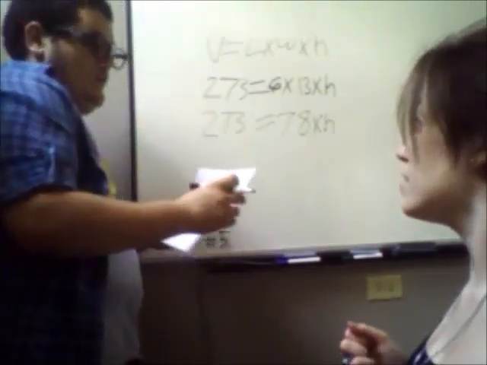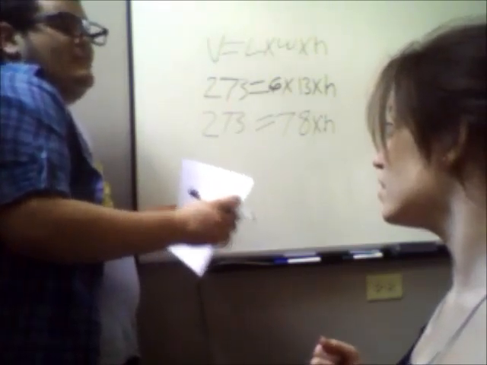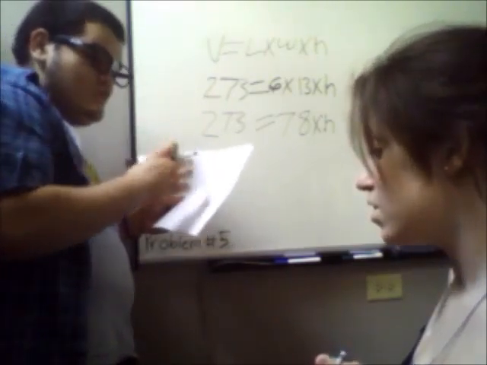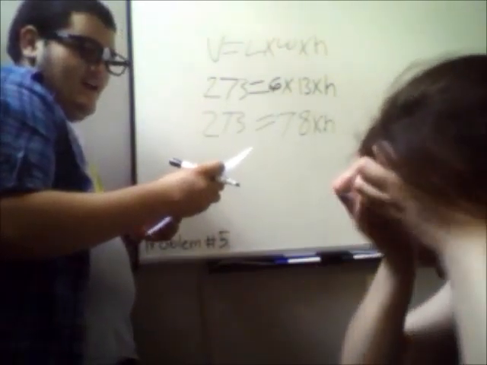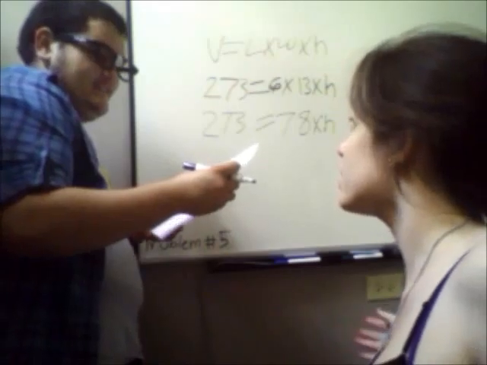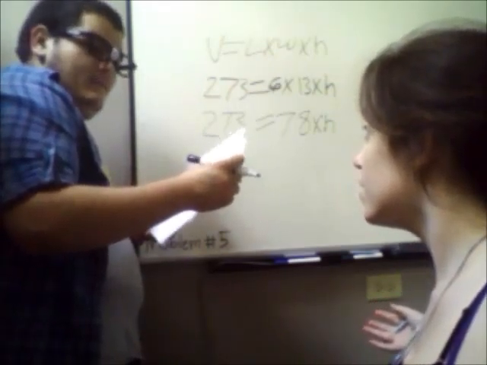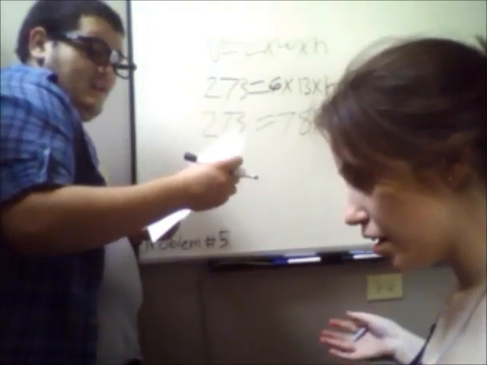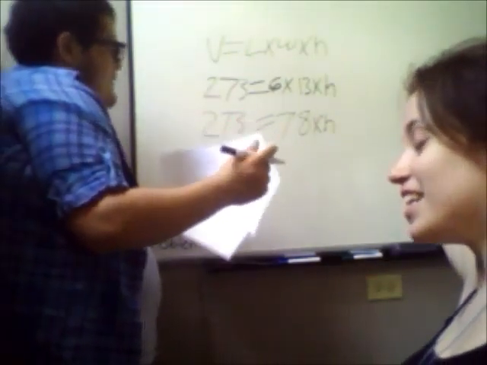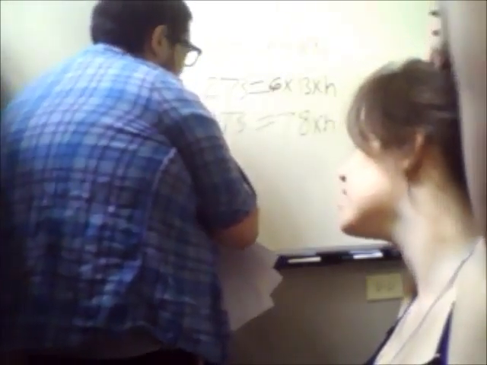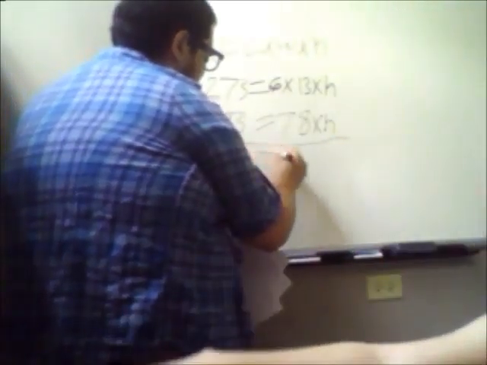What's the other one we use? Starts with a D. Divide. There you go. We divide the whole thing by 78.